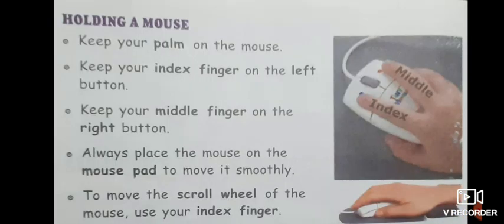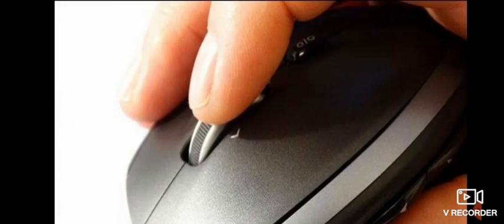Alright, next point is the last one, to move the scroll wheel, the wheel which is between the 2 buttons. If you want to move that wheel, use your index finger. With the help of your index finger, you can move that scroll wheel. So we are done with the points on how you can hold a mouse.